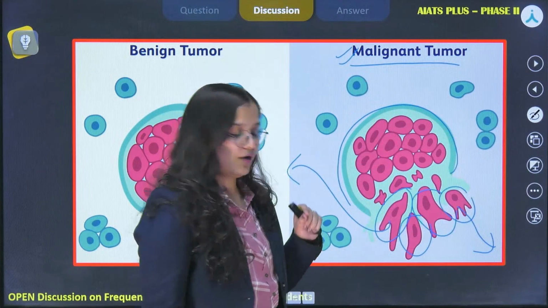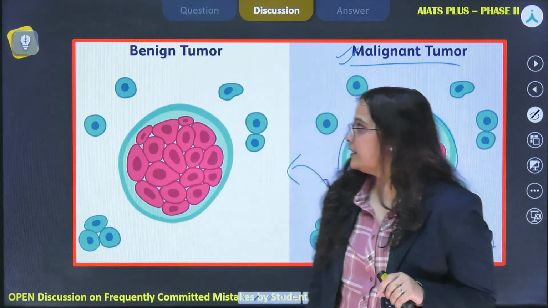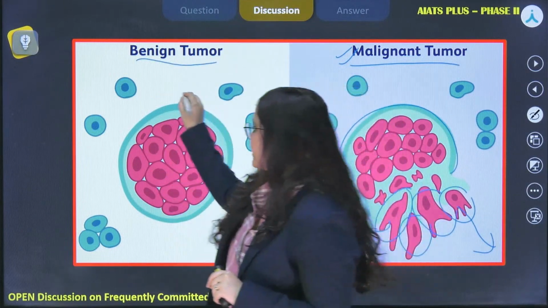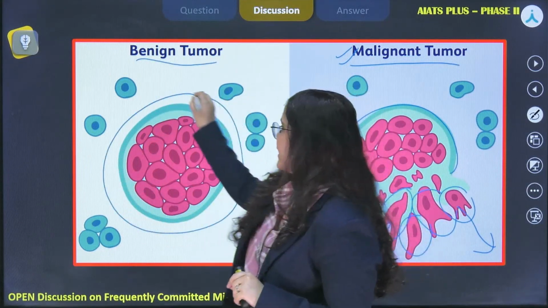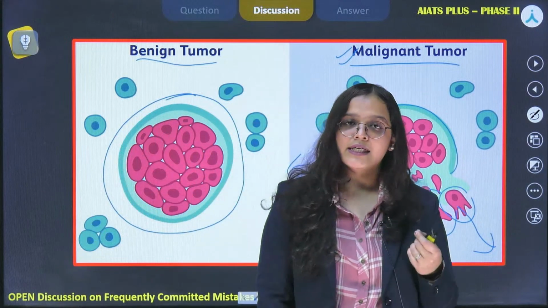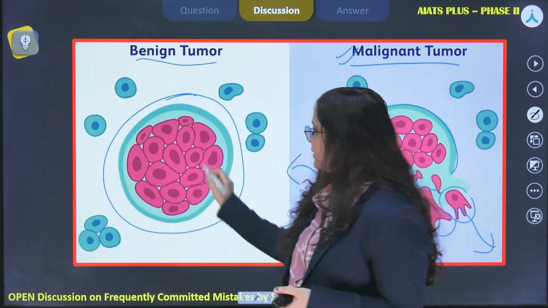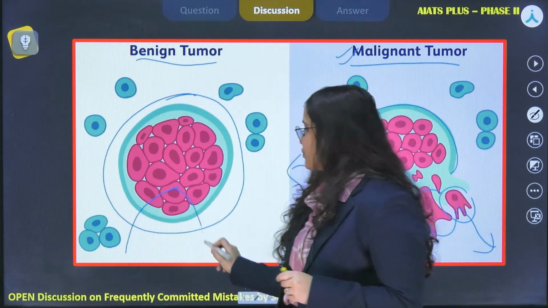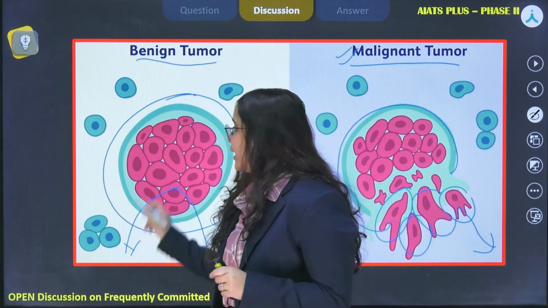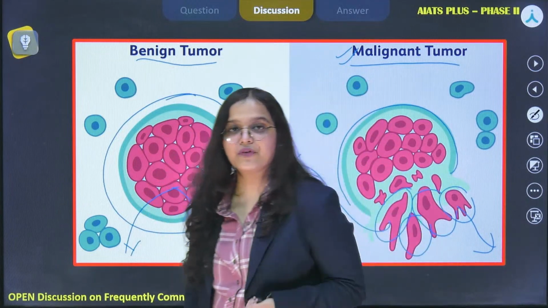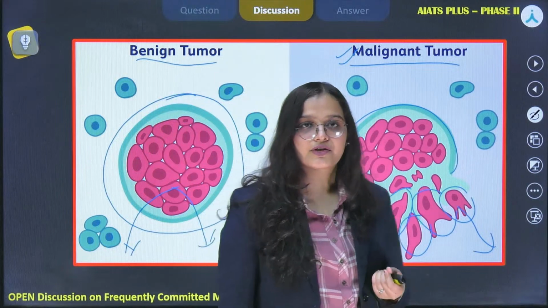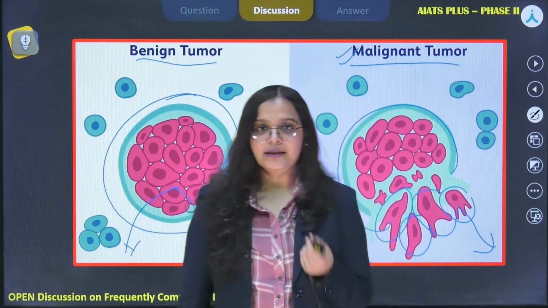Whereas if we see the benign tumor, it has an intact boundary, or it is like a capsule, we can say in simple words, and the cells present in these tumors are not moving out or sloughing off, and therefore they do not spread to different sites, and therefore they are considered to be less dangerous as compared to the malignant tumors.